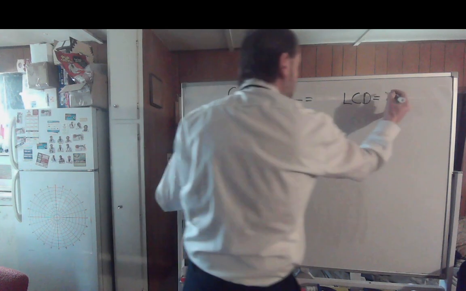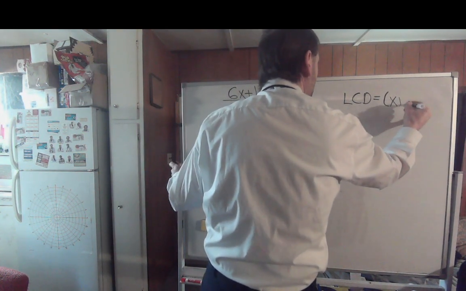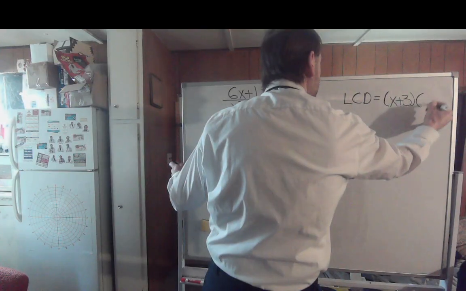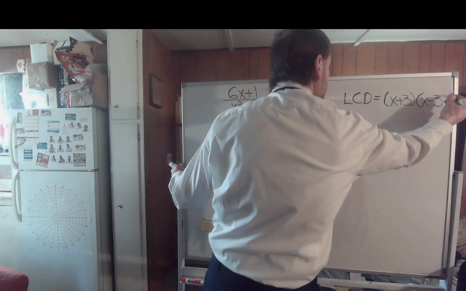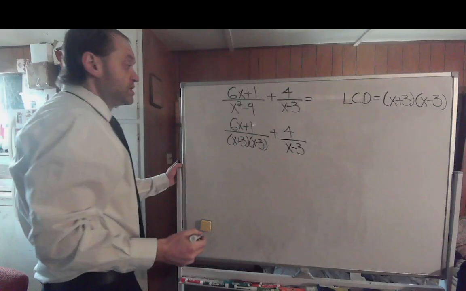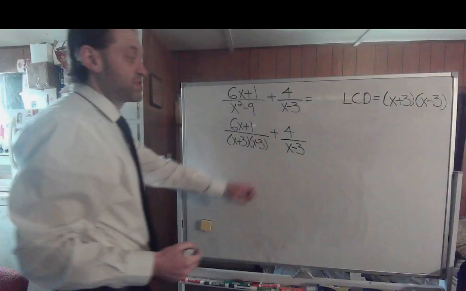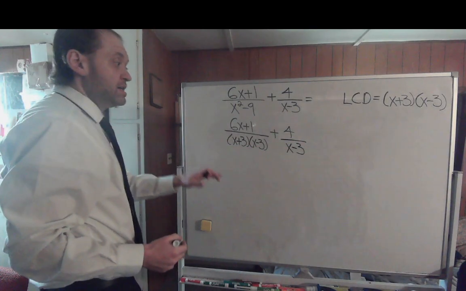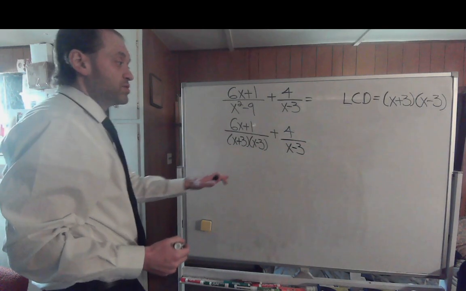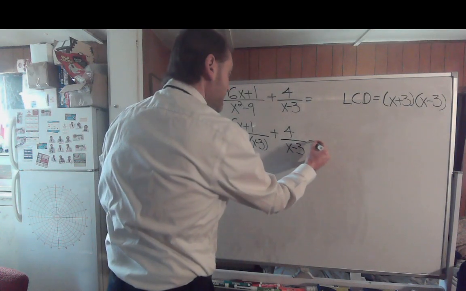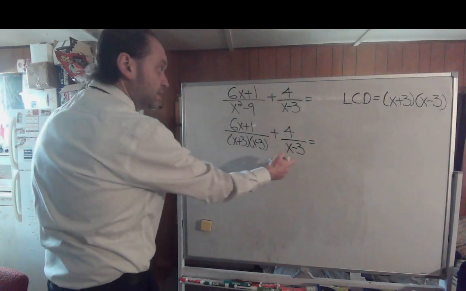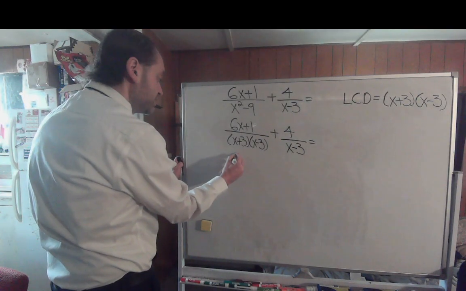So your least common denominator would really be the quantity of x plus 3 times the quantity of x minus 3. So your first term already has your least common denominator, but your second term does not. So that means you need to multiply both numerator and denominator by x plus 3 in order to get that least common denominator on the second term.